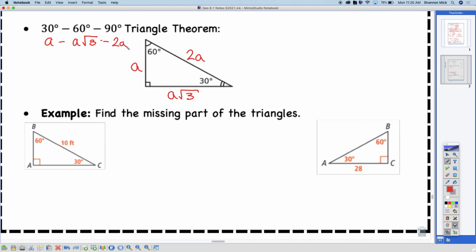And 8, 8 square root of 3, 16. What am I changing in here? The A. I'm lengthening those sides. You found those. You just didn't know you were finding them.